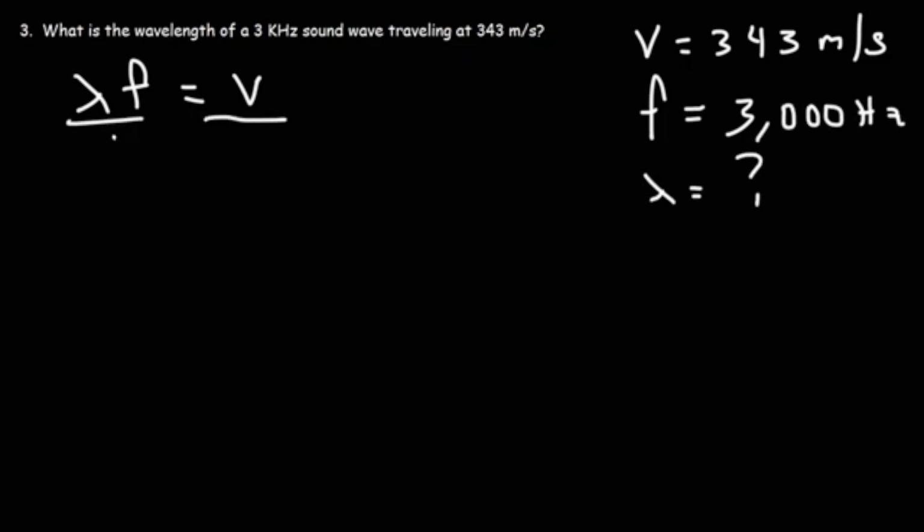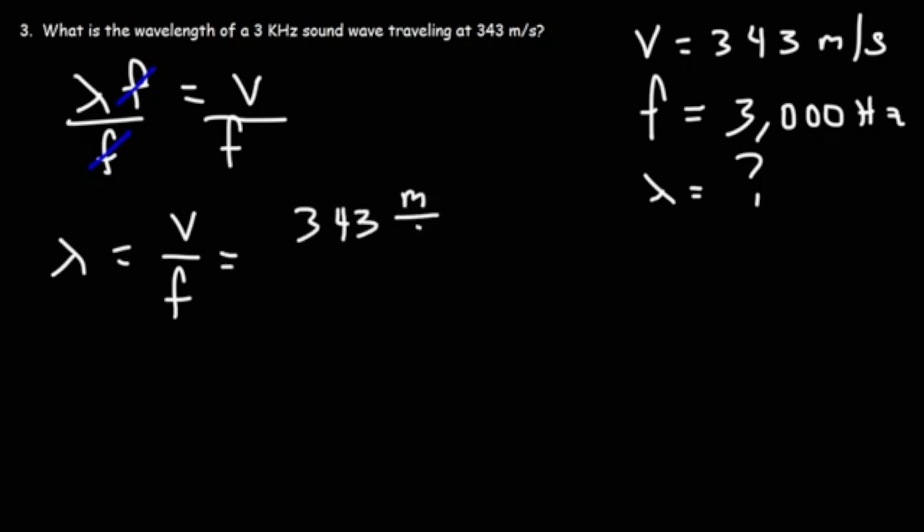So if we divide both sides of the equation by f, we get the wavelength. The wavelength is the speed divided by the frequency. The speed is 343 meters per second. The frequency is 3,000 hertz. Keep in mind, 1 hertz is 1 over seconds.